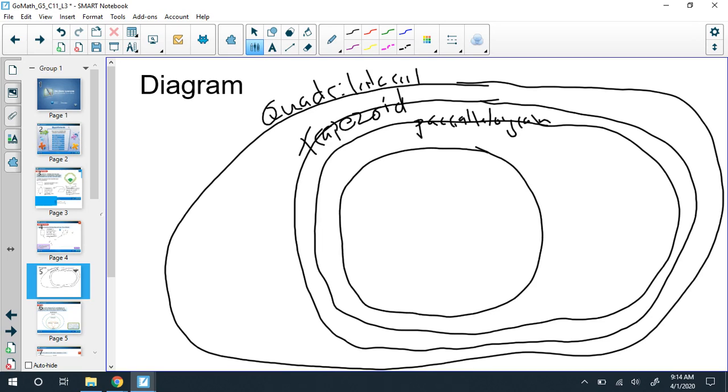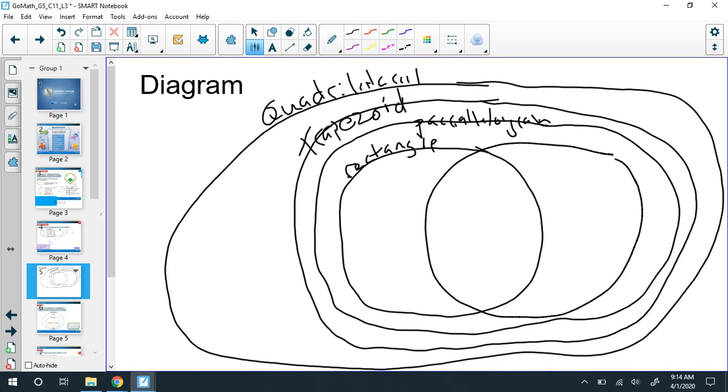One of these circles is going to be our rectangle. The other circle, and this one's going to overlap, is going to be our rhombus.